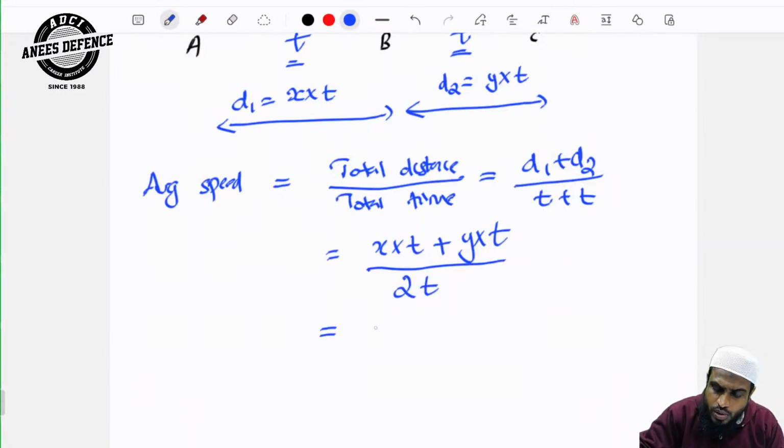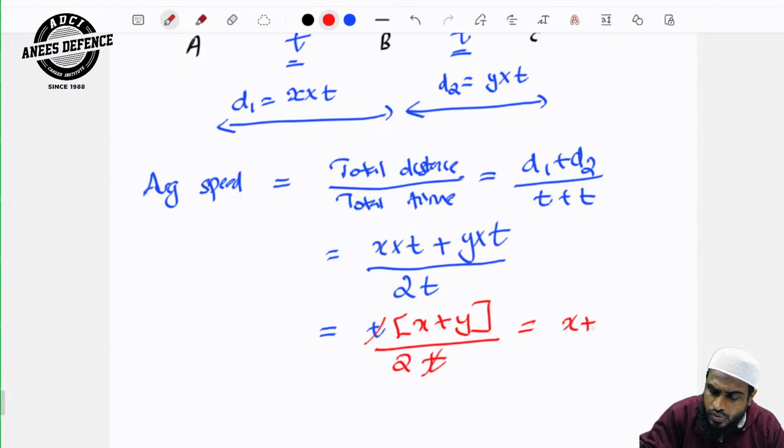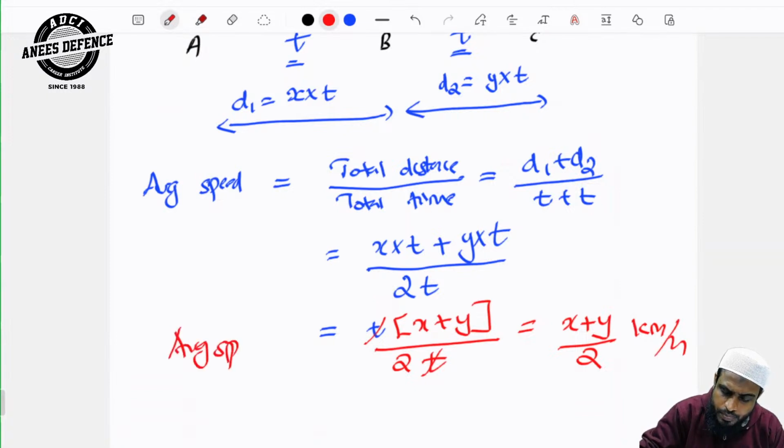You can take t common from the numerator: x plus y into t divided by 2 into t. Here you can cancel t, so you get x plus y by 2 kilometer per hour. That is the average speed.